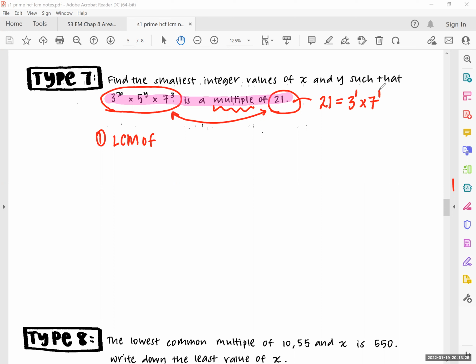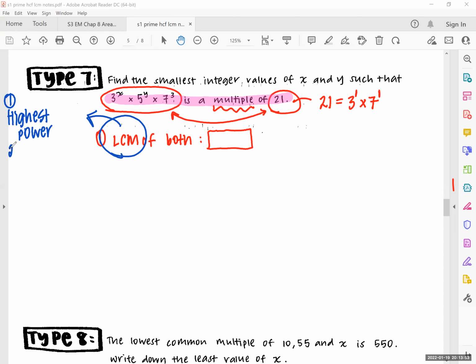So now you need to find the LCM of both numbers, right? And you know that the LCM of both numbers I cannot find. You know why or not? Because here I don't know what my x value is. But what is the concept of LCM that we recall? The strategy of LCM: number 1, we take the highest power.